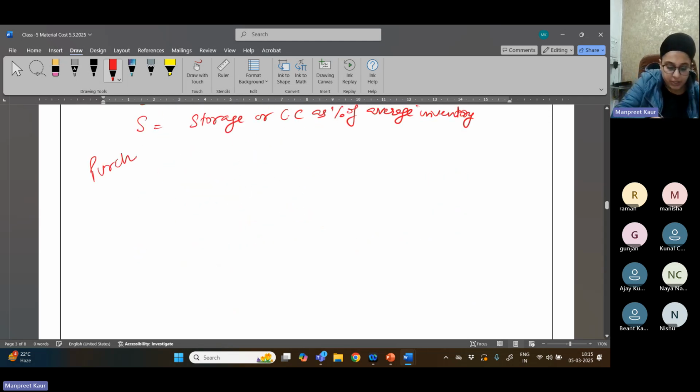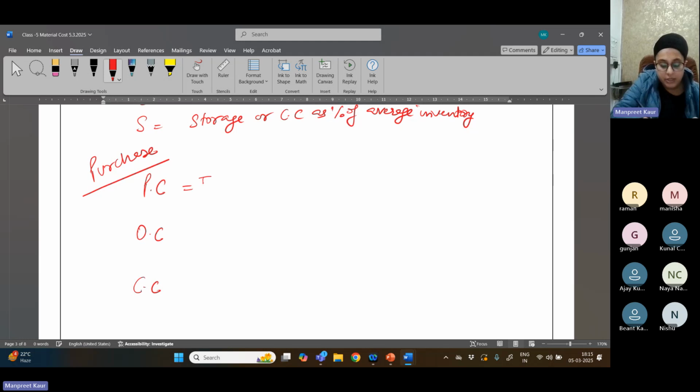Whenever we purchase the material, there are three costs involved. As I have earlier told you, purchase cost, ordering cost, and carrying cost. Formula for purchase cost is total number of units multiplied by purchase price per unit.